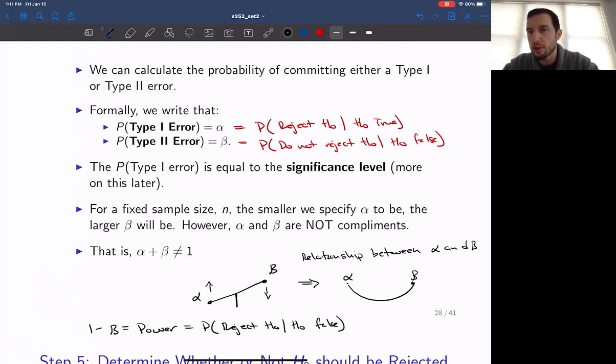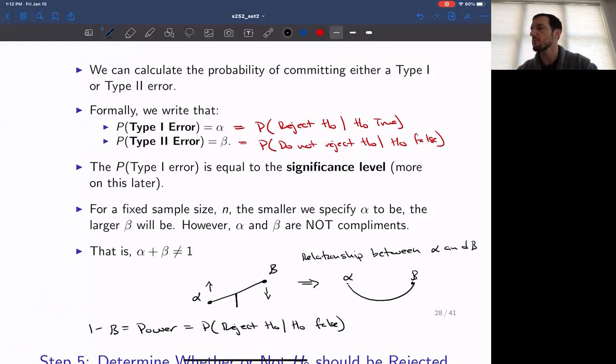So as we push the power higher and higher, we push the probability of type 2 error lower and lower. However, in doing this, the probability of type 1 error also becomes higher and higher because it does go up as beta goes down. So there's a compensation that has to be made between maximizing power and minimizing both type 1 error and type 2 error.